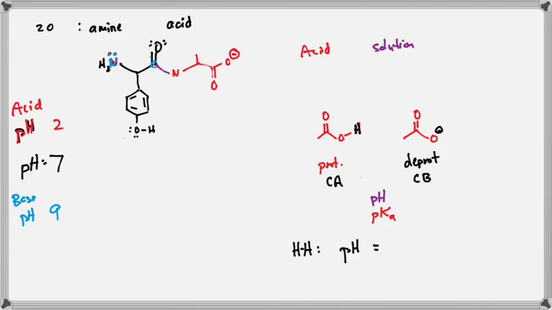So it's the pH, because we're typically trying to determine the pH of the solution. That's usually what we're using it for, at least in 152, related to the pKa of whatever our substance is.